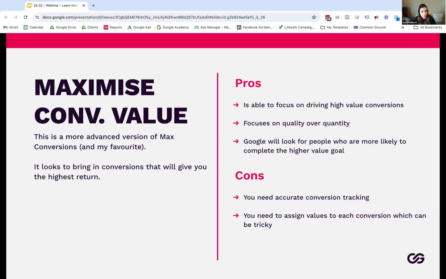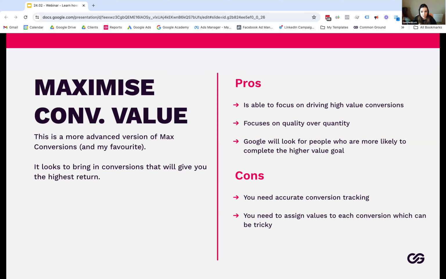Generally, a book a demo will have a higher value to you in your business because they're further down the funnel of getting ready to commit to a sale purchase, rather than a downloaded brochure. They're higher up in the researching stage. I want to tell Google that I want them to be bringing in more people that fit within the book a demo category, more likely to convert later down the line than the brochure downloads.